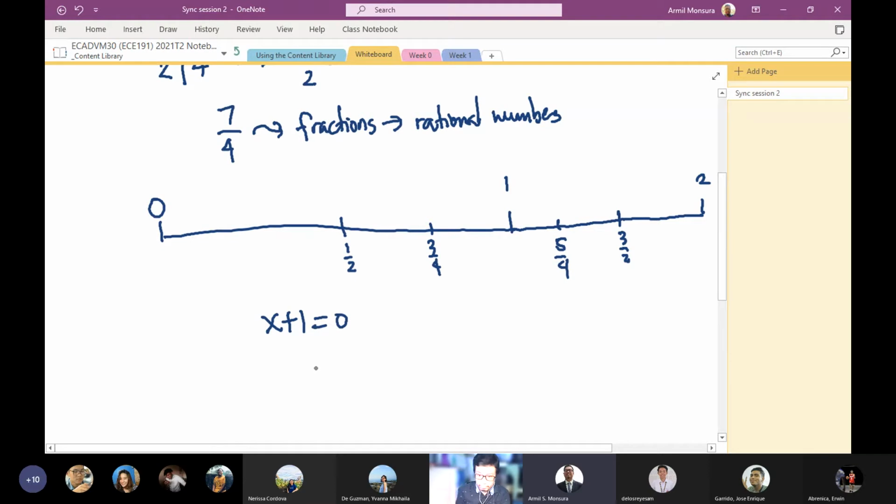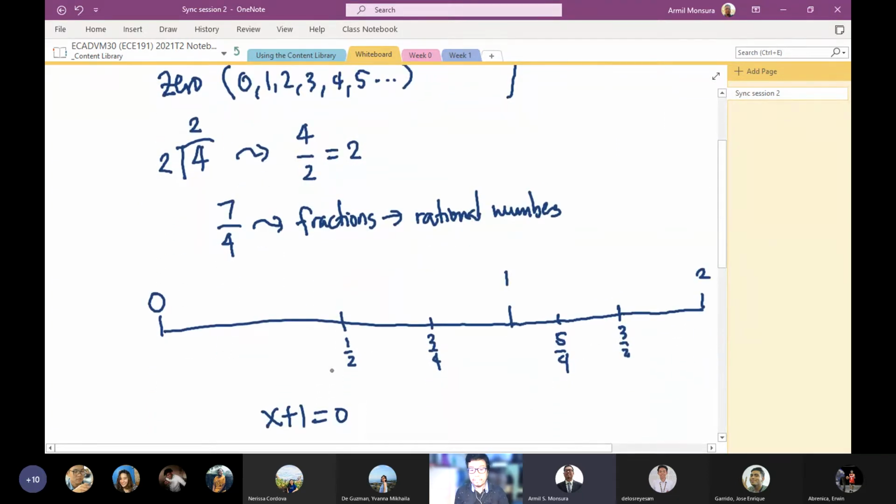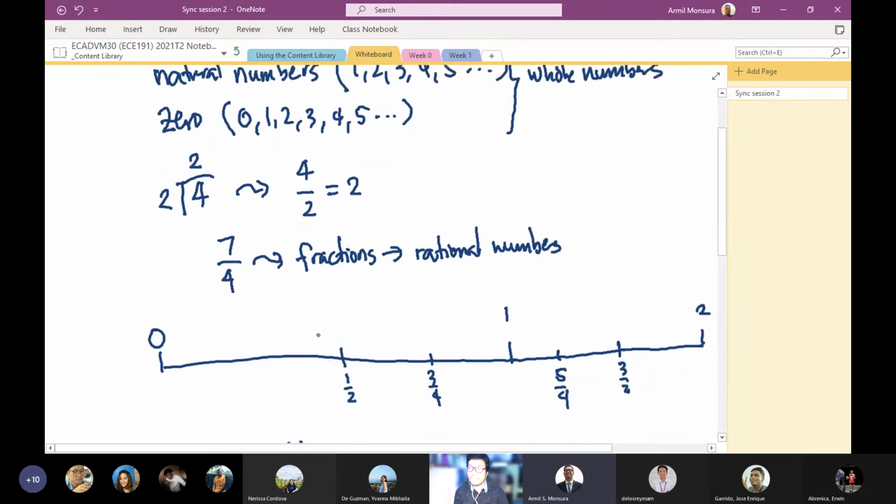Okay, in which that means you have a number x, okay, that you have to add with positive 1, but should produce an answer of 0. Okay? So in that case, we know that an answer here would not exist on any of the sets of numbers that we have defined so far. Okay? Wala tayong sagot diyan.